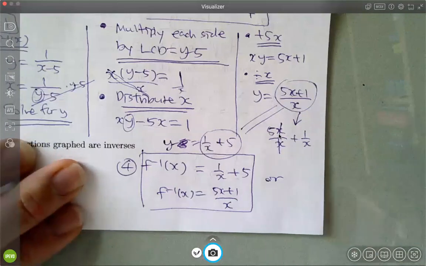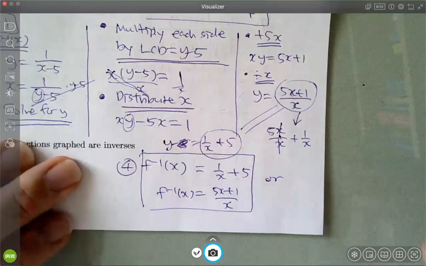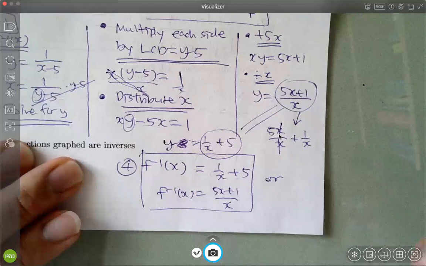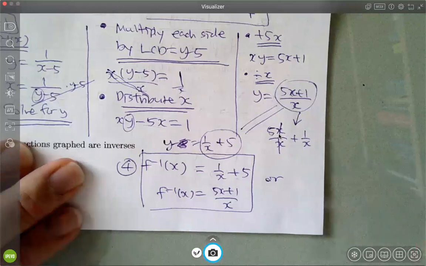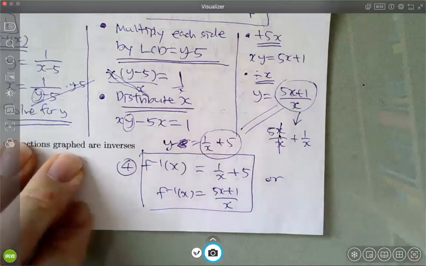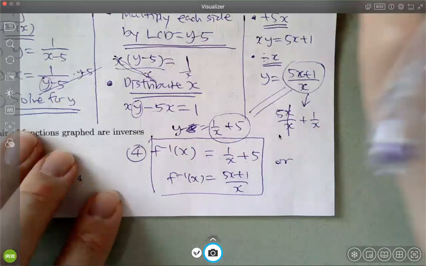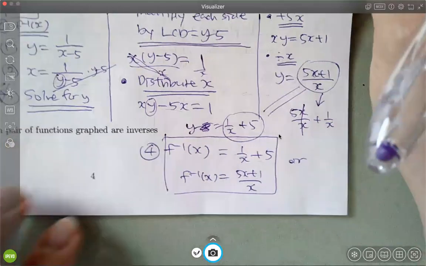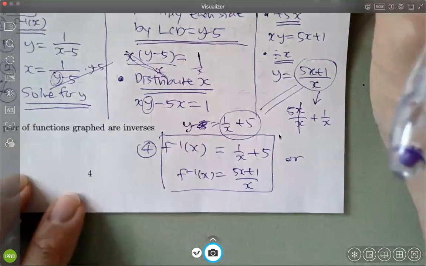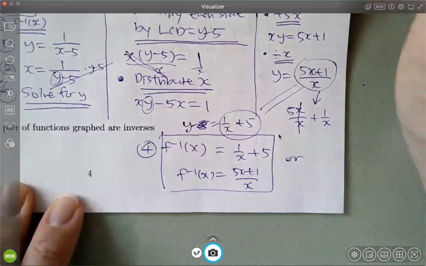There's no way that it shouldn't accept one of the forms, but just in case it doesn't, just try the other one. And if it accepts neither form, then maybe you have done something wrong. It should accept one of the forms, but I think it will accept both. So any questions over these problems?